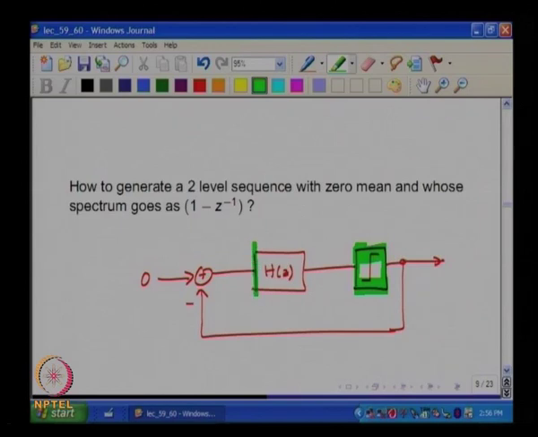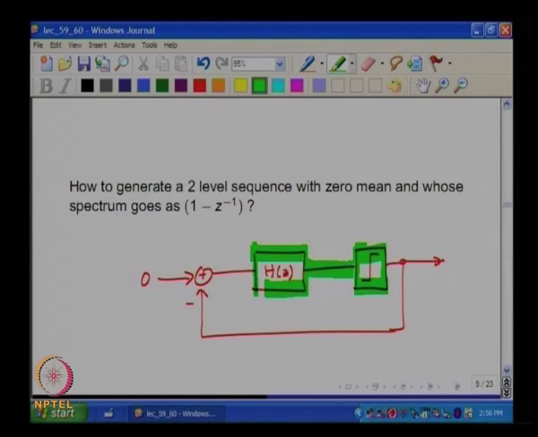Then I compare that 2 level sequence at low frequencies with what I want, which happens to be 0 in this case. And because I am only interested in low frequencies, I multiply it up by some h of z which has got a high gain at low frequencies, and if this loop is stable, that is a very important if, okay, all right.